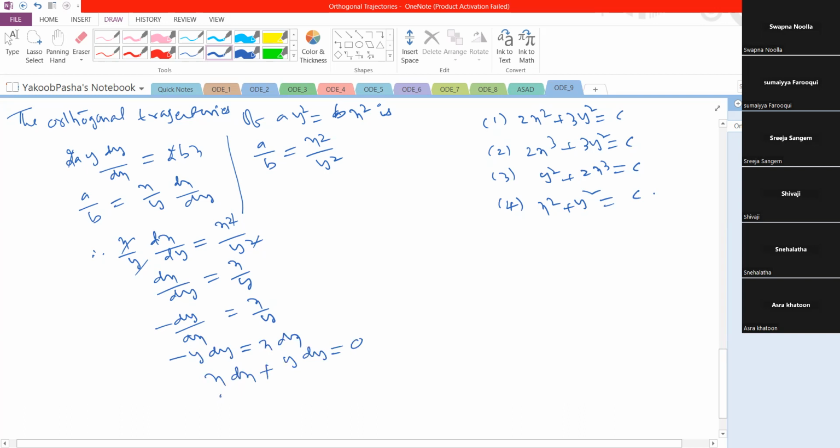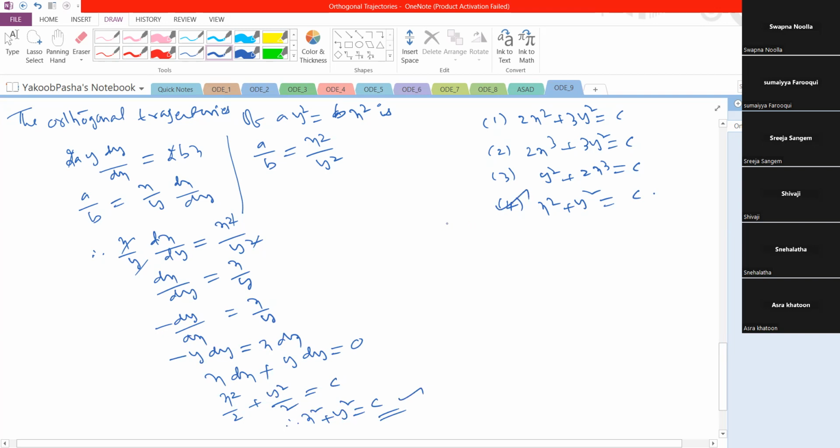By integration, we get x squared by 2 plus y squared by 2 is equal to arbitrary constant c. Therefore, x squared plus y squared is equal to c is the required orthogonal trajectory. That is, the fourth option is the right option.